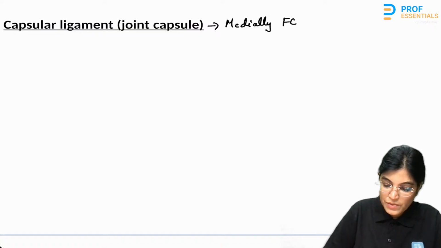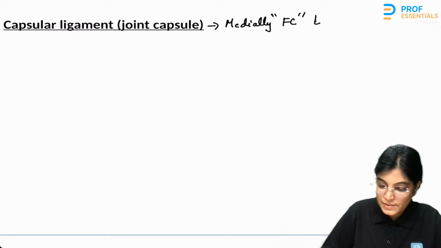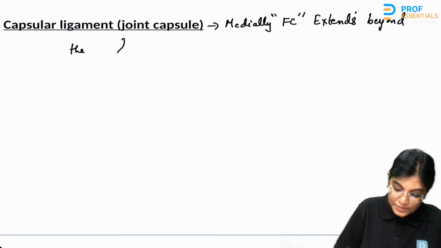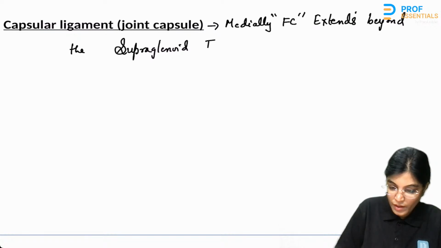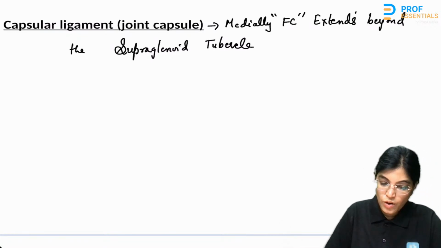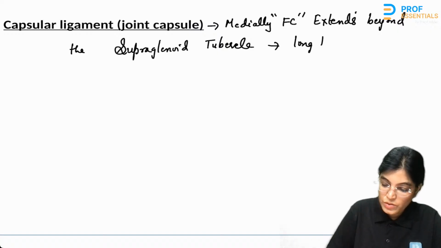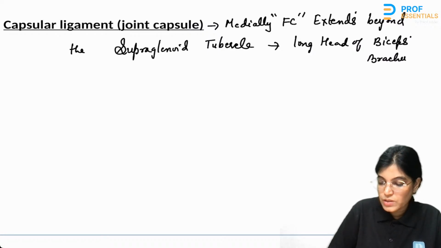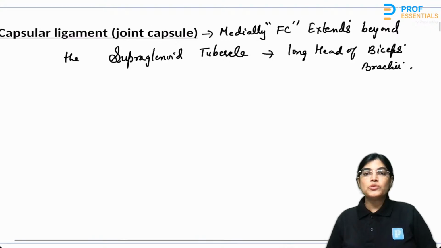Medially, the fibrous capsule extends beyond the supraglenoid tubercle and it encloses what? It encloses the long head of biceps brachii. Okay, my dear students, this is a very important point which everybody should know.